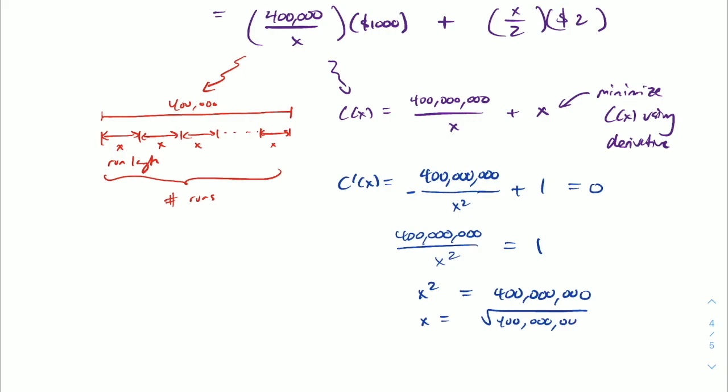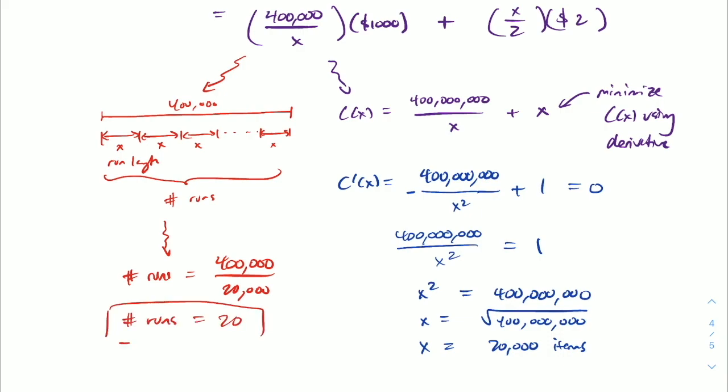which is 20,000 items. And if x is 20,000, then the number of runs is going to be 400,000 divided by 20,000. So the number of runs is going to be 20. And our run length is going to be 20,000 items.